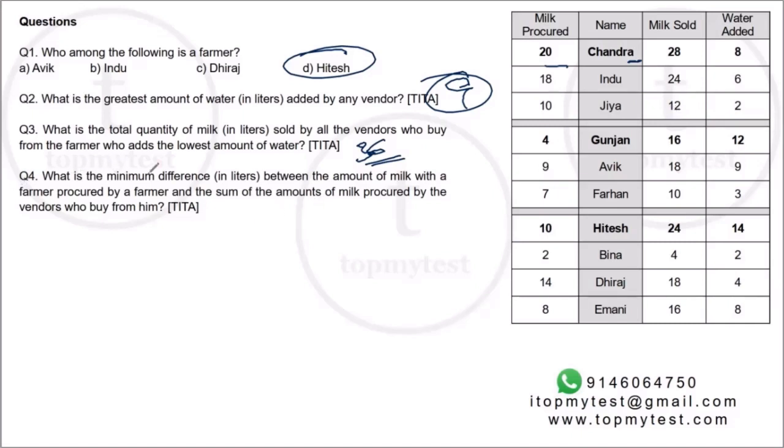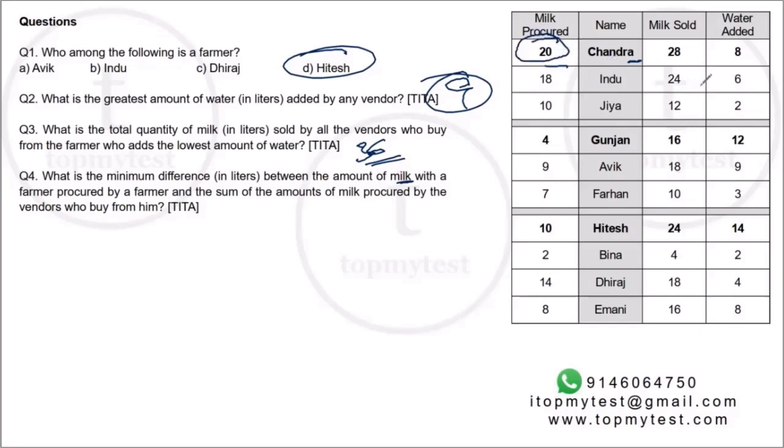Okay. And the last one, what is the minimum difference between the amount of milk procured by a farmer and the sum of the milks procured by the vendors who buy from him? Okay, so milk procured by Chandra is 20.